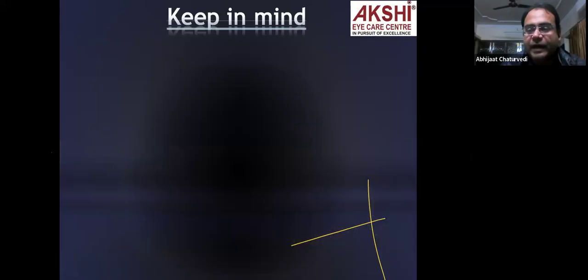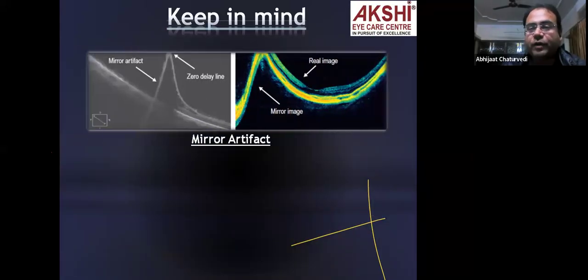So, while taking an OCT, what you need to keep in mind. This is something which happens very commonly in myopic patients, especially because of the longer axial length. The zero delay line, which I mentioned earlier: before you take an OCT, always remember that you do not cross the zero delay line, because after this the entire image gets reversed.